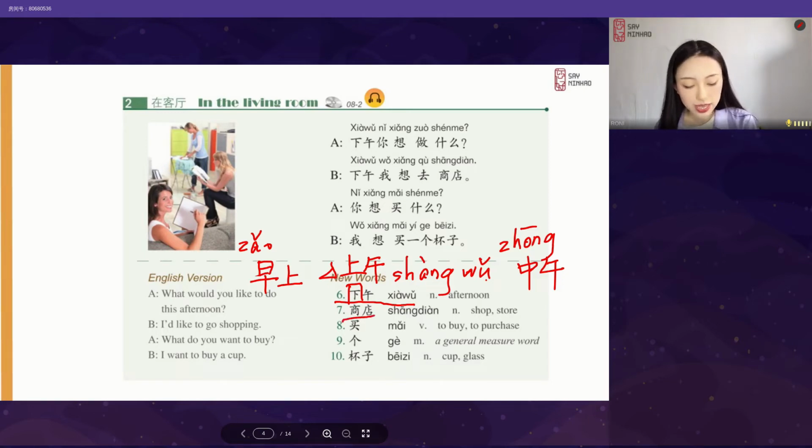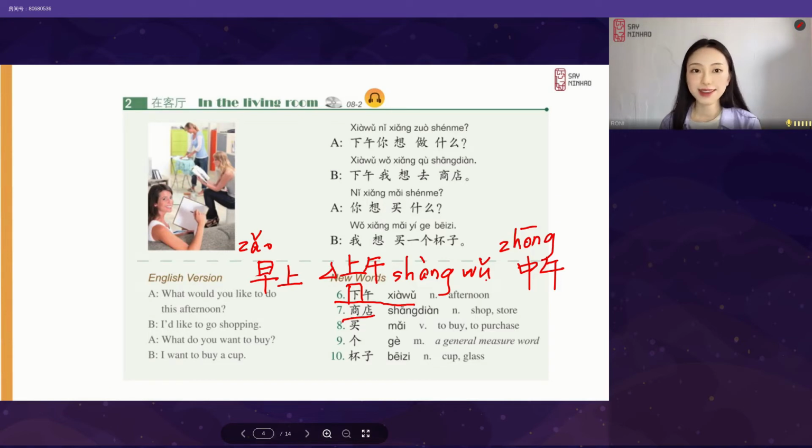Next one is 商店. Read after me, please. 商店, 商店 means shop, store. So try to say go to the shop. This structure we've learned before.